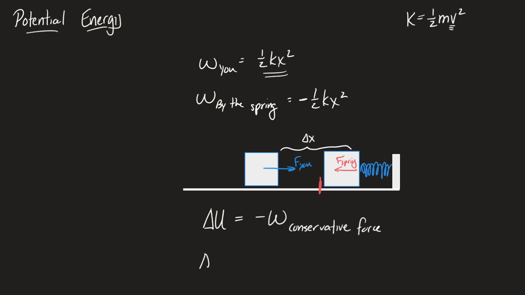But based on that analysis, right now, we would say that the change in elastic potential energy is equal to 1/2 k delta x squared. We're going to put an E here to indicate that it's elastic potential energy. Every form of potential energy will use a capital U and a subscript to define what type of potential energy we are discussing. Everybody good so far?